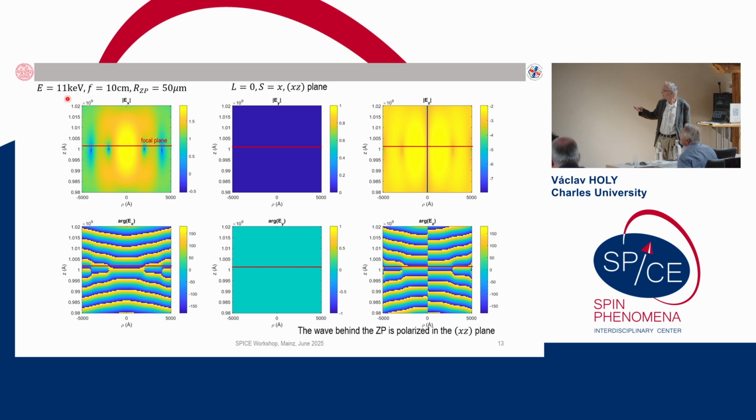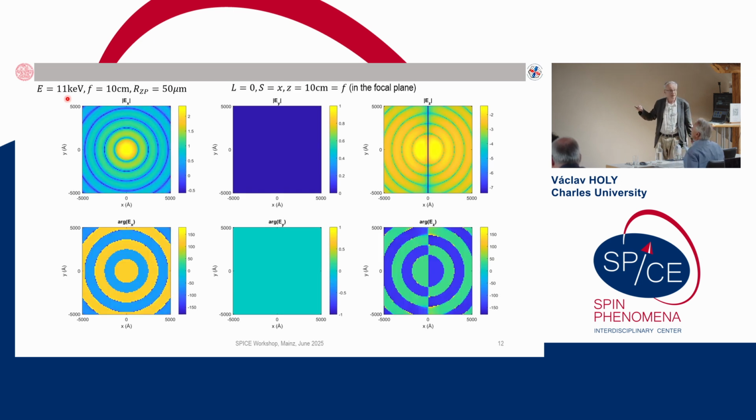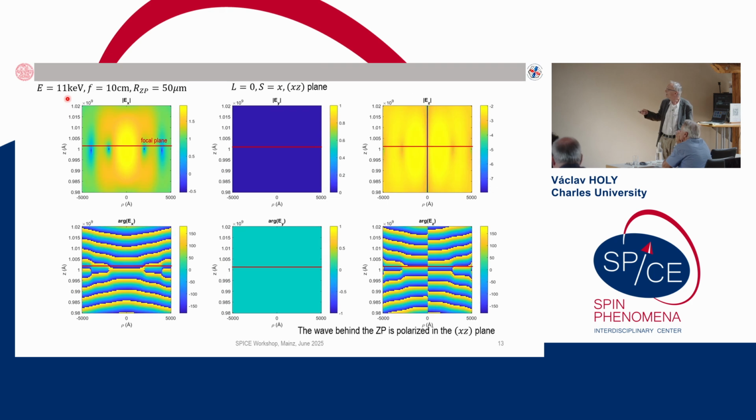This is in the xy plane perpendicular to the propagation direction. This is in the xz plane, that means along the propagation direction. Here you can see the focus, the maximum of the intensity. This is again the phase.